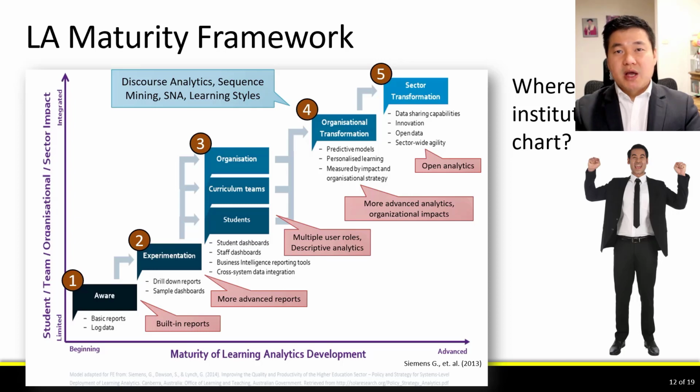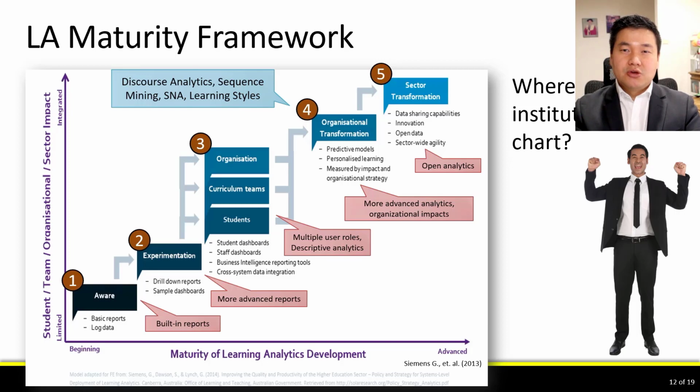Level 3 is when your LA systems support multiple user roles and have some decent descriptive analytics. Level 4 is when you target more advanced analytics, such as predictive modeling, and could achieve some organizational impact. Level 5 is open analytics, referring to any innovation that could transform the entire sector by sharing data among institutions.